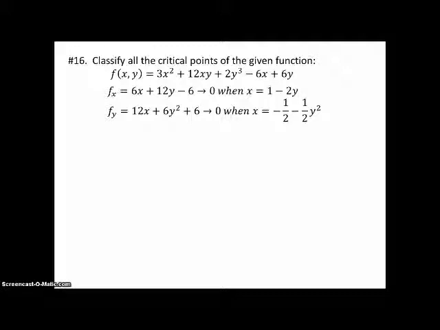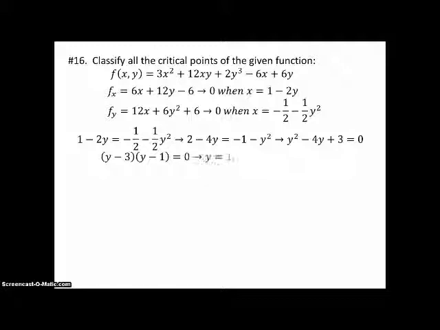And so since it has to be the same point for both, we can set those quantities equal, and then solve for y. And we get two values for y, which means we're going to have two values for x. So I'm going to plug those values for y into the easiest equation for x, and I get x is -1 when y is 1 and -5 when y is 3.